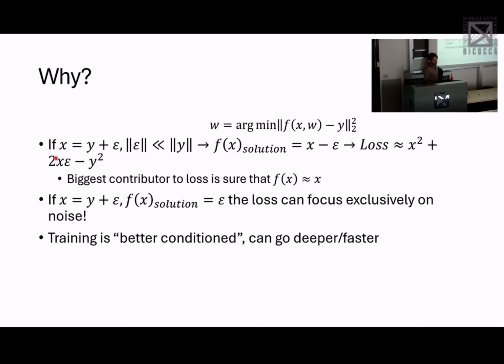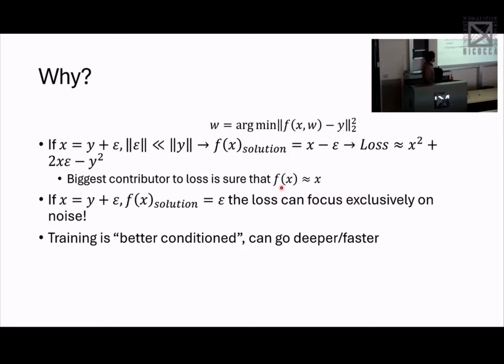The reason for that is that if your measured image is that way, sorry, I flipped the notation, and the amount of noise is smaller than the intensity of the image, the loss that you have is that one, if you do this polynomial expansion.